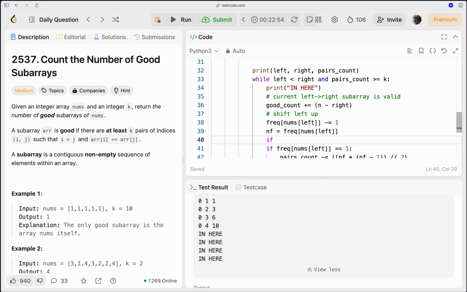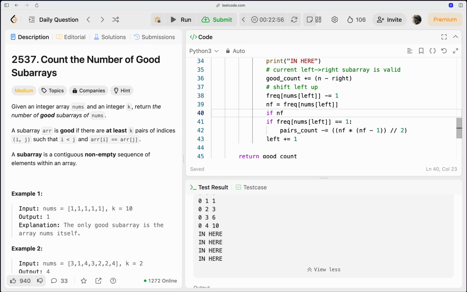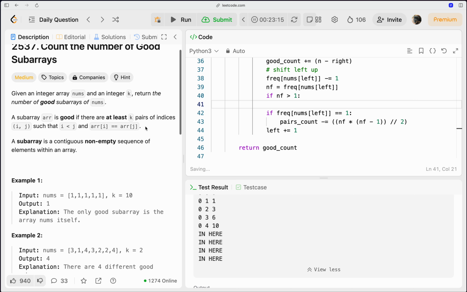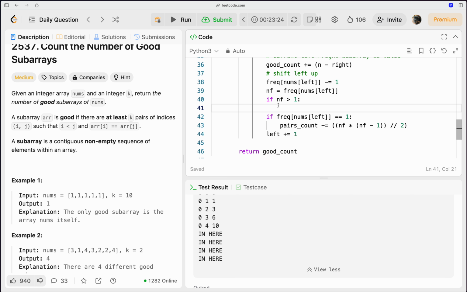And then we just need to say, if the new frequency, like it was 5 and now it'll be 4. So if the frequency is greater than 1 or something, we'll see. If the new frequency is still greater than 1, we have to subtract the old frequency.